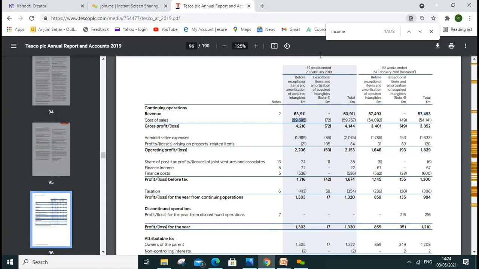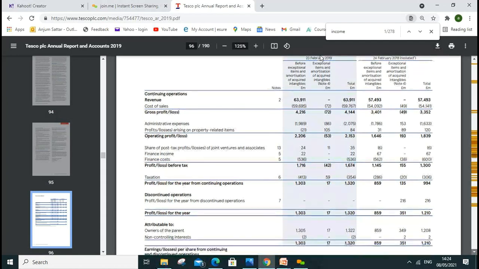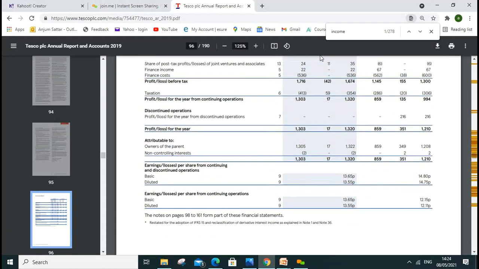You look at the cost of sales, then the admin expenses, distribution expenses, and we have been given operating profit before tax and after tax. Then they have a discontinued operation and show overall how much profit they have. The profit element is split between owners of the parent and non-controlling interests.